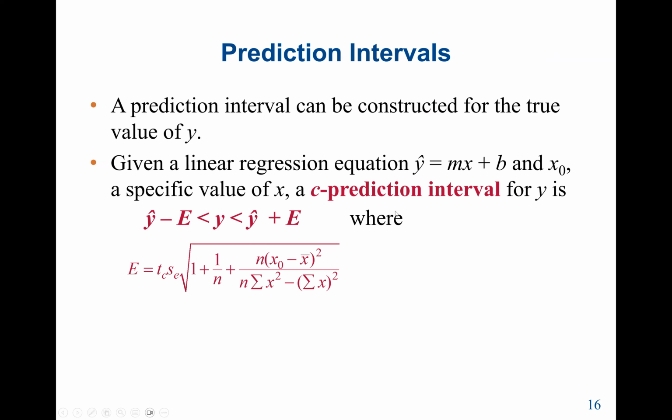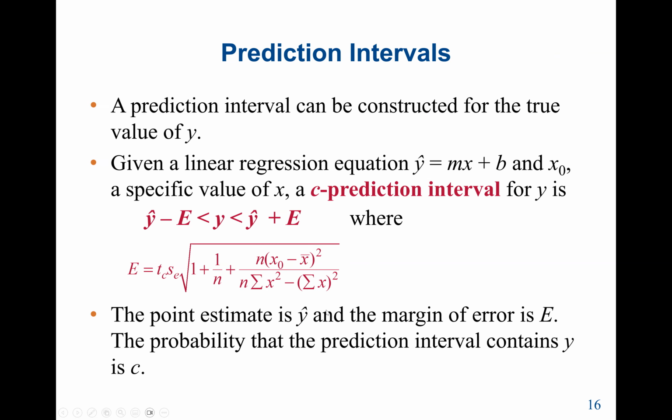Given a linear equation, Y hat equals mx plus b, for a specific value of x, the c-prediction interval for Y is Y hat minus E to Y hat plus E. So Y will be greater than Y hat minus E and less than Y hat plus E, where E equals t_c times s_e times the square root of 1 plus 1 over n plus n times (x_0 minus x bar) squared divided by n times the sum of x squared minus the square of the sum of x.